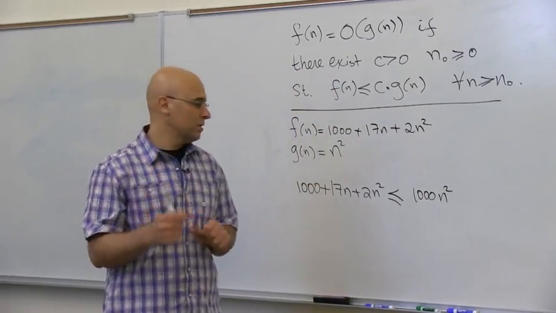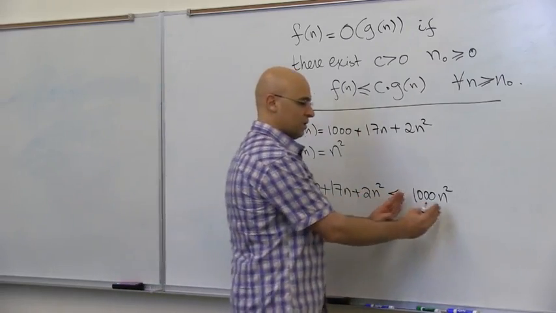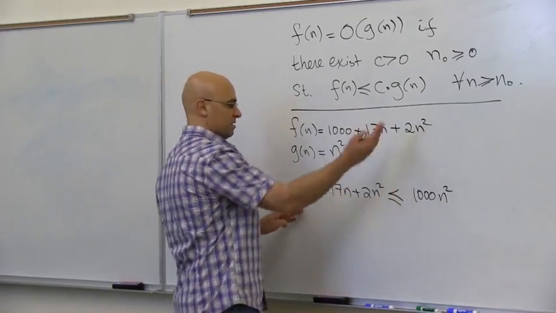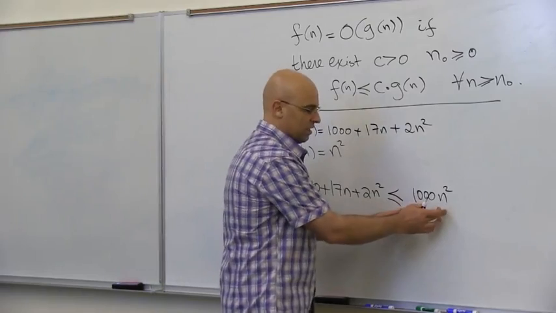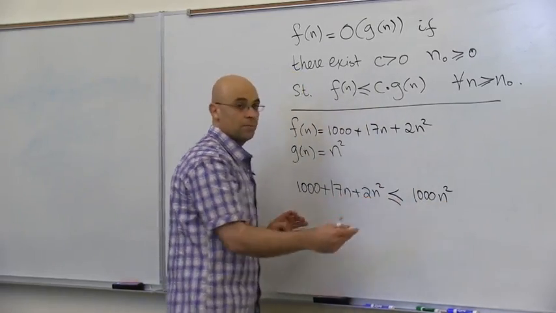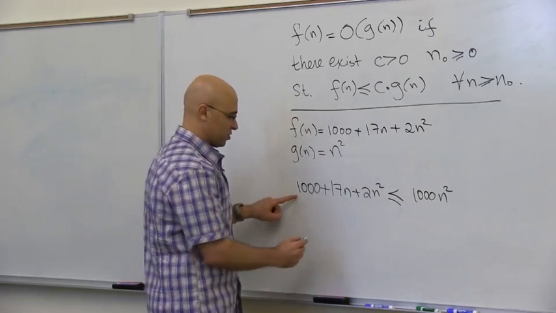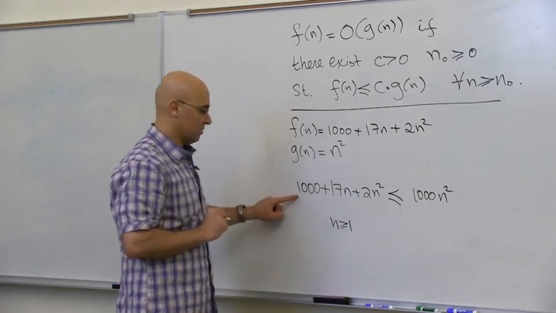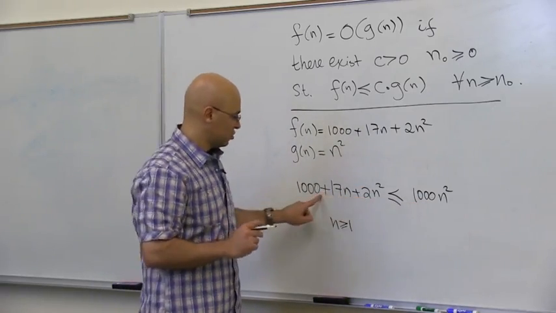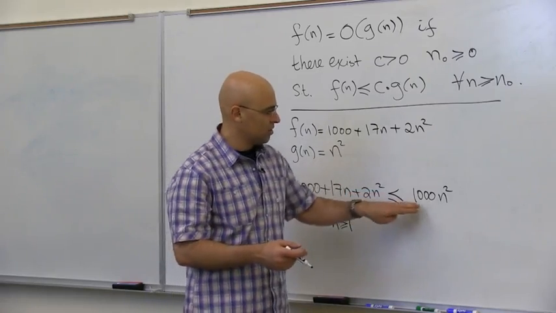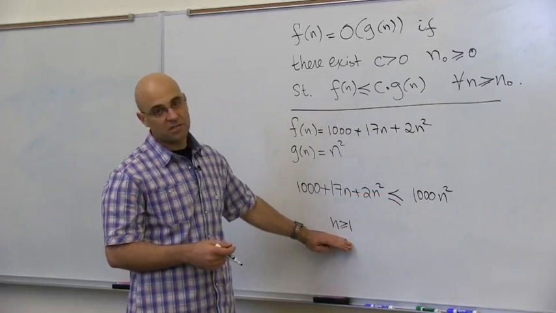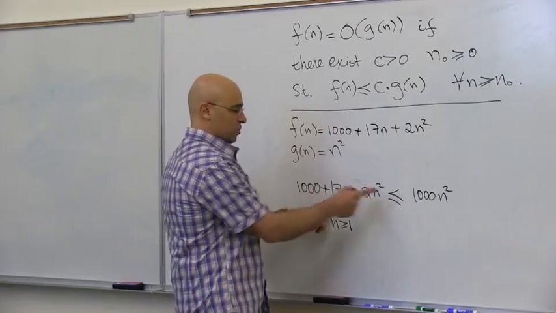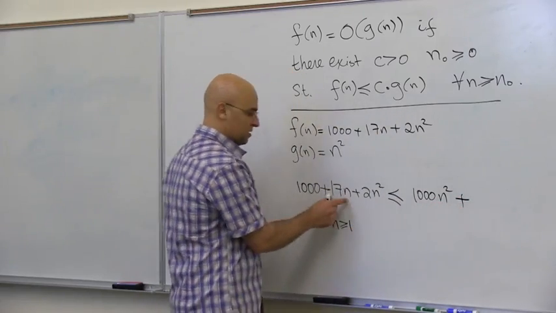If n is 1, 1000 is smaller than or equal to 1000 n squared. If n is 2, this is where this starts growing faster: 1000 is much smaller than 1000 times 4, and so on. So for this to hold, I have to put a condition that n has to be greater than or equal to 1. For me to make this jump that 1000 is smaller than or equal to 1000 n squared, I have to have this assumption that n is greater than or equal to 1. So this is smaller than this, plus 17n.